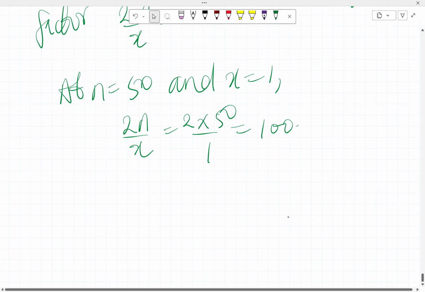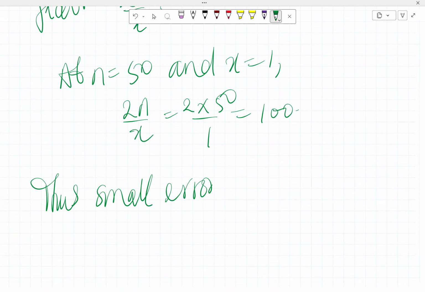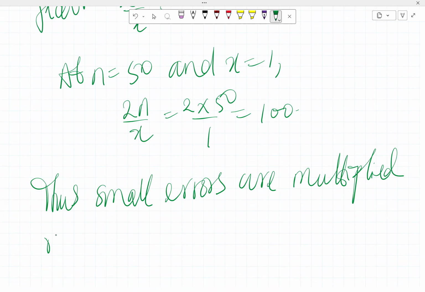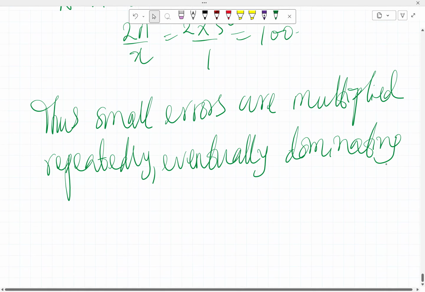Thus, small errors are multiplied repeatedly, eventually dominating the true solution.